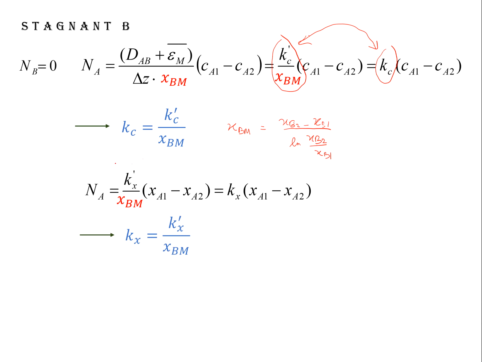Therefore, if we take this part together, we know that here is the correlation between the coefficient for mole fraction for stagnant B and how it can be correlated to the coefficient of EMCD. So if the coefficient of EMCD is divided by XBM, you are going to get the coefficient of stagnant B.